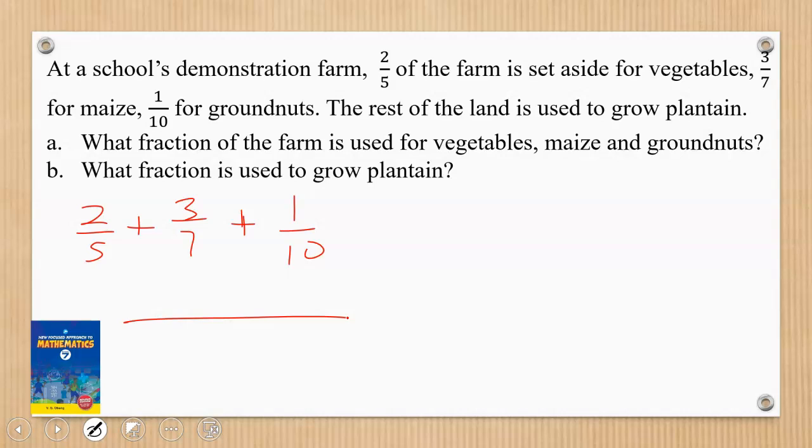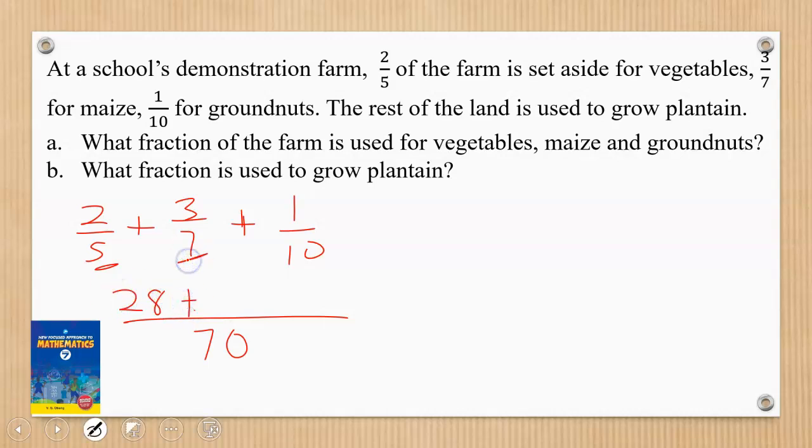And take note that we know already how to find the LCM of a given set of numbers. So with this one, our LCM is going to give us 70. Now 5 can divide 70 as 14, and 14 times 2 will give us 28.